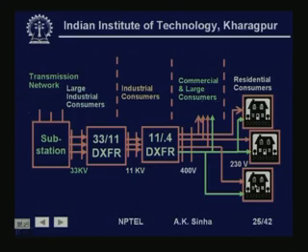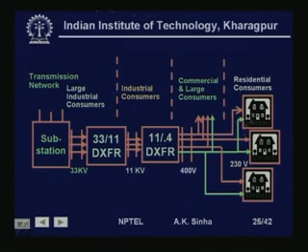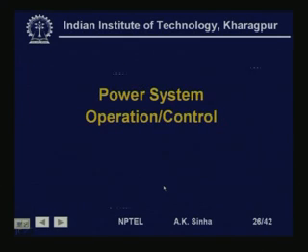In order to balance the three-phase system, the loads, especially the single phase loads, are distributed on the three lines, so that this three-phase system becomes somewhat balanced. So, this is about the distribution system. Next, we will talk about power system operation and control.